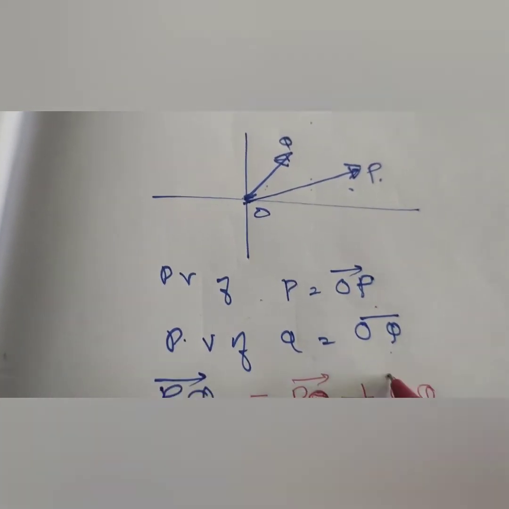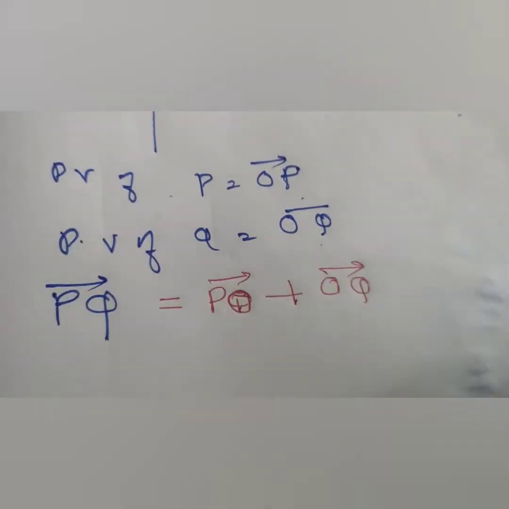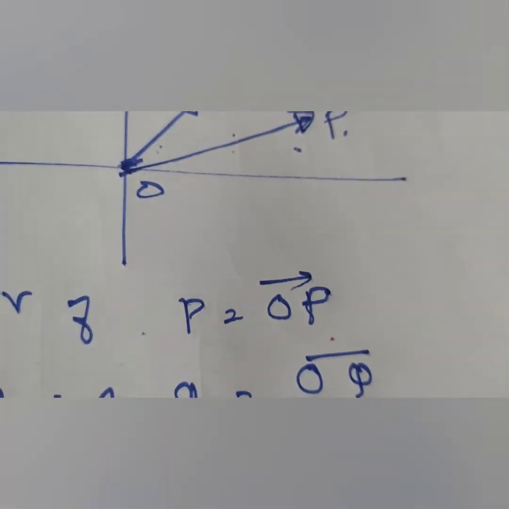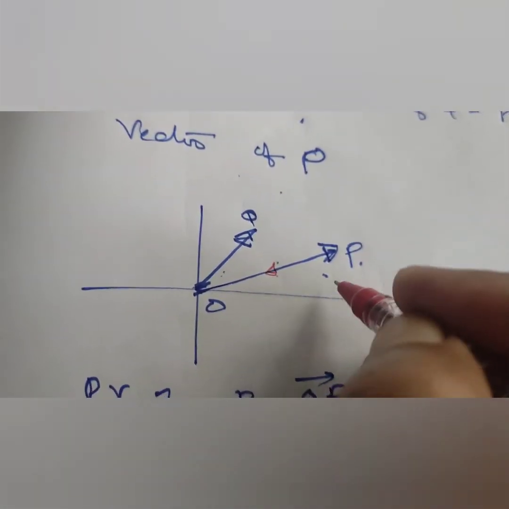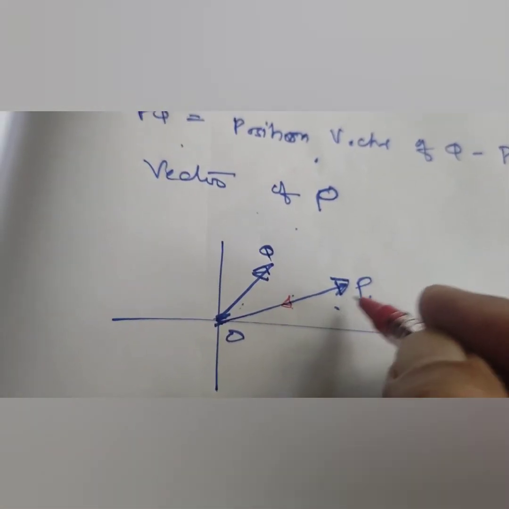You can see in the diagram it is PO. So PO means it is coming in this direction.